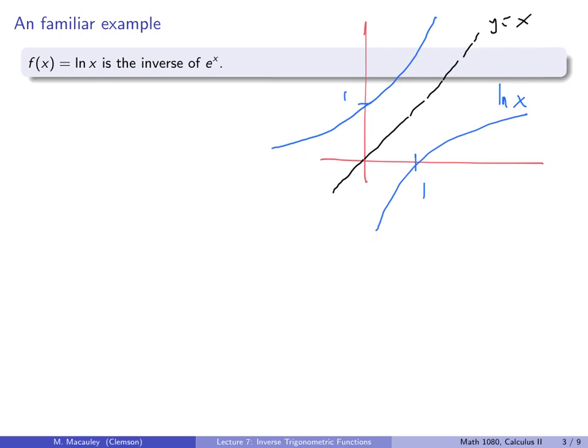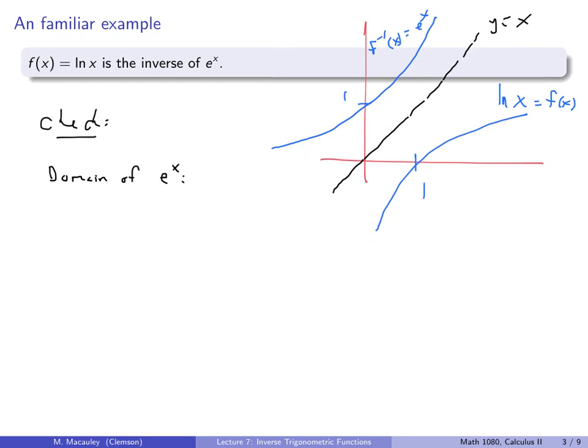So just to check, let's check the domain of e to the x. Let's label our function. I called this f of x, so I have to call this f inverse of x equals e to the x.